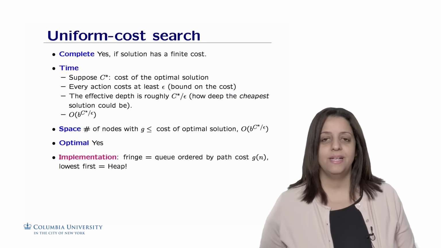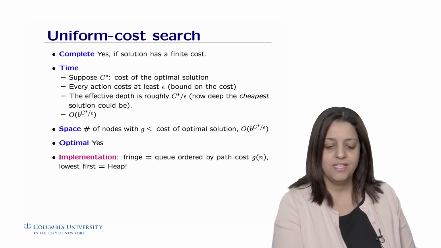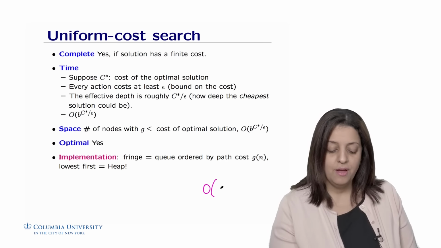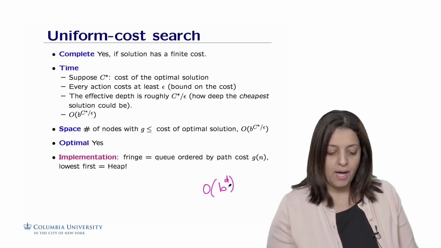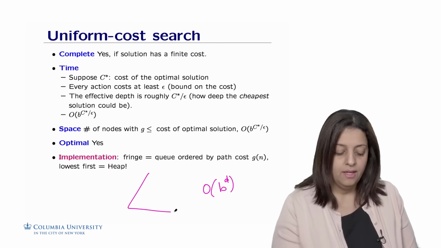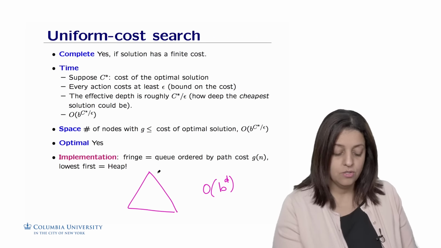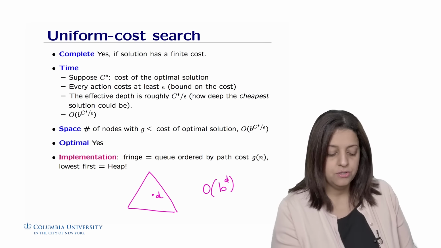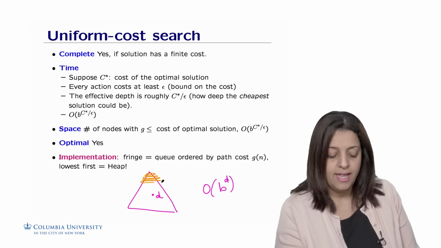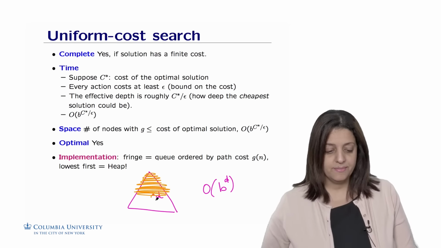So how about the time complexity? Remember, for BFS, we had the time complexity of big O of B to the D, where B is the branching factor and D is the depth of the solution. Typically we have the search space, a search tree, and we have the solution at some level D. Breadth first search will do a level-wise search until it reaches the level D where the solution is.